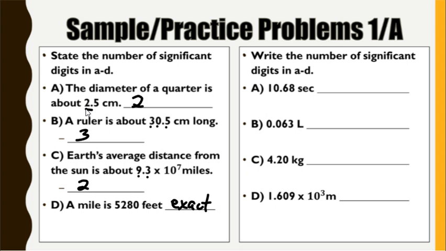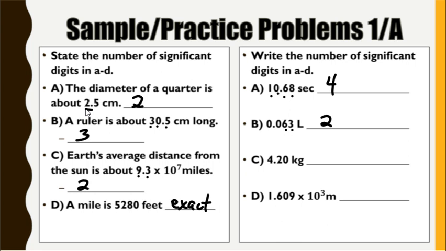That has 1, 2, 3, 4 significant digits. Again, we count the 0 because it's in between 2 non-zero digits. Letter B, 0.063 liters. This one would have only two significant digits, 6 and 3. The reason is because of the two zeros at the beginning, there's not a significant digit to the left of them, so we do not count them.